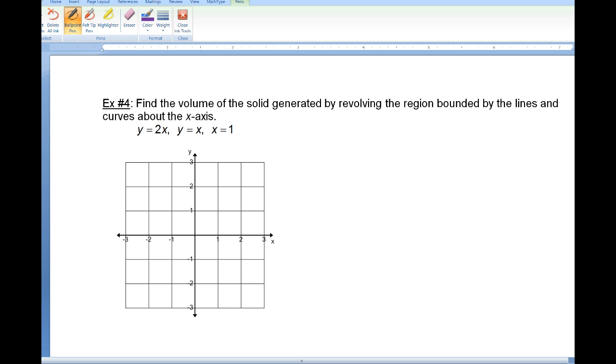Okay, so let's just graph this real quickly. So y equals 2x. y equals x. And x equals 1. So basically, that's the region.